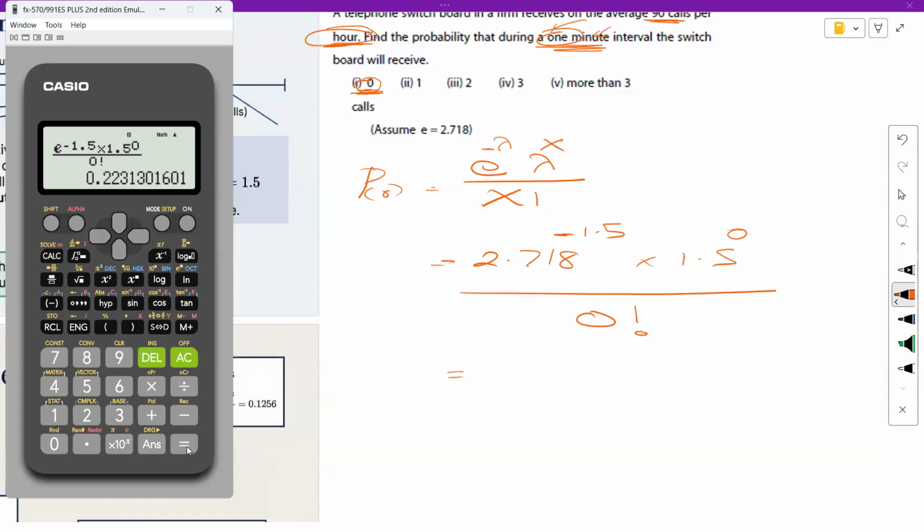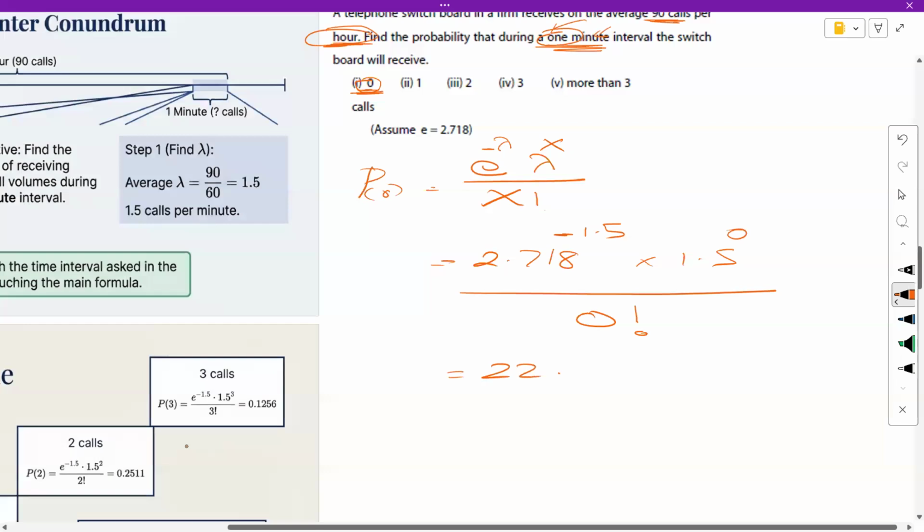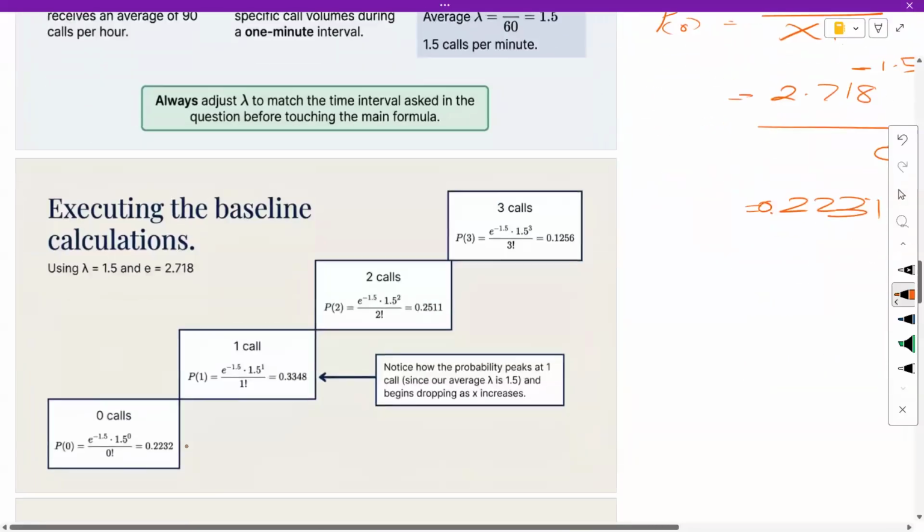Then we get the answer 0.2231, about 22.3 percent. See the answer here.